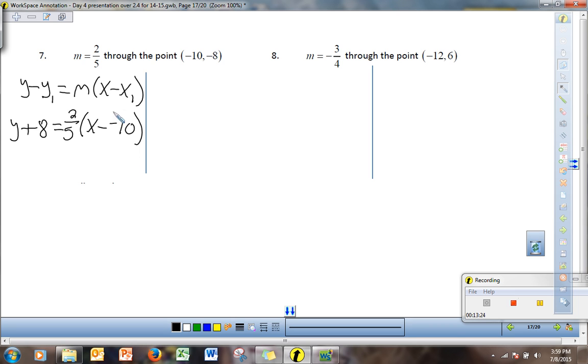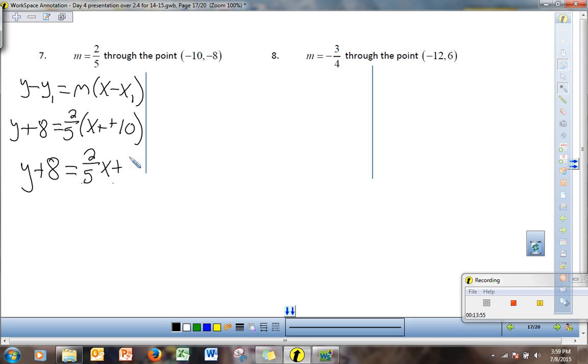Once again, let's take care of the 2 negatives. So it's also positive. So here's what I got. I got y plus 8 equal, distribute, I've got 2/5 x. Like I said, you can do this in your head or your calculator. 2 fraction key 5 times 10. I'm going to go 5 goes into 10 twice. 2 times 2 is 4.